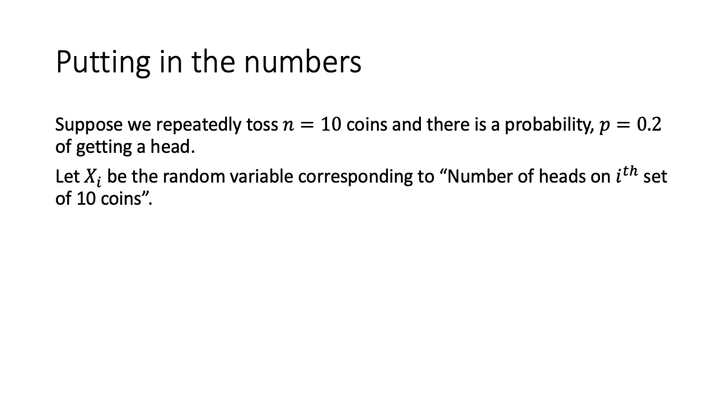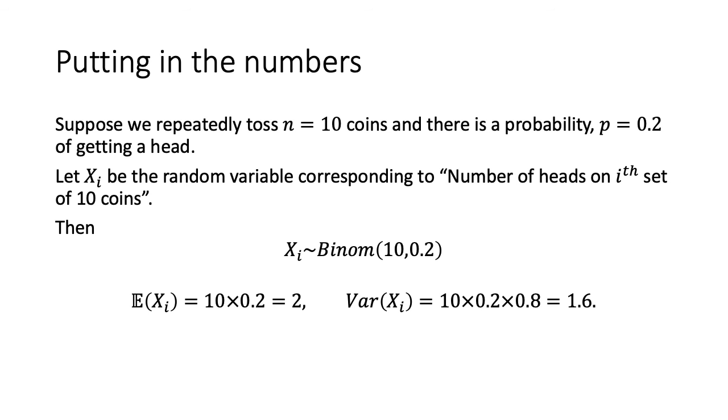Right, so suppose we repeatedly toss little n equals 10 coins, and there is a probability p equals 0.2 of getting a head. Let Xi be the random variable corresponding to the number of heads on the ith set of 10 coins. So we've got one experiment where we toss the coins 10 times, count the number of heads, and do that repeatedly.